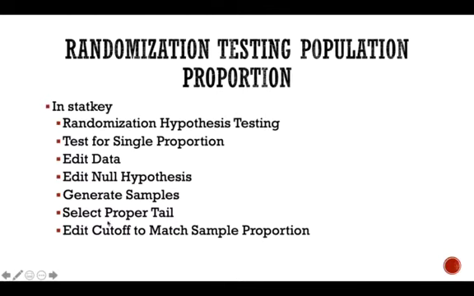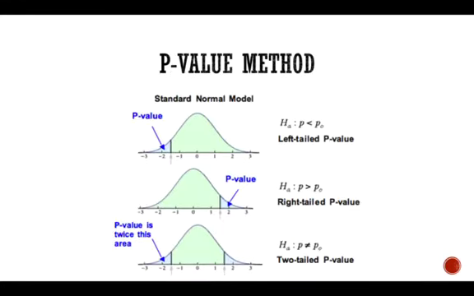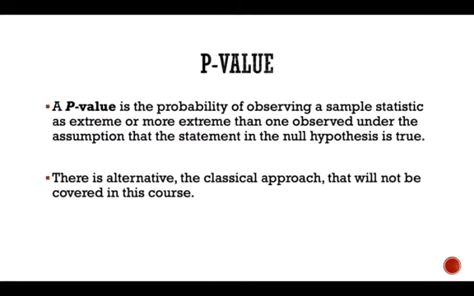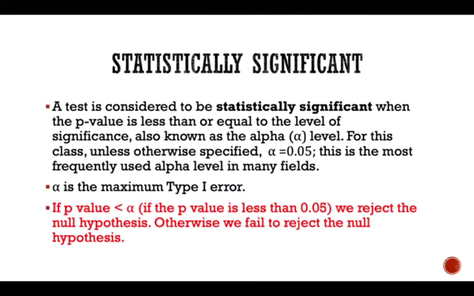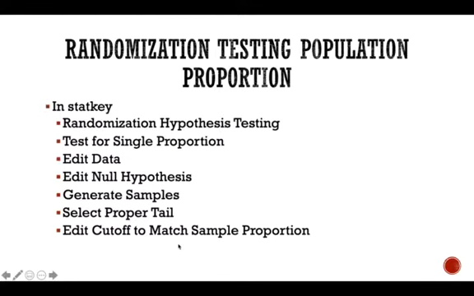So we'll generate samples, and then based on the context of the question, we'll pick the proper tail, left tail, right tail, or two tail. The p-value is the probability of observing a sample statistic that extreme or more extreme as the one we have, under the assumption that the null hypothesis is true. So what we have to do is just edit the cutoff to match our sample data at the end.